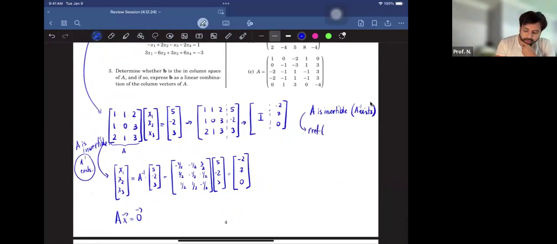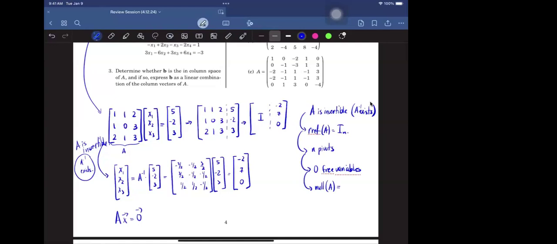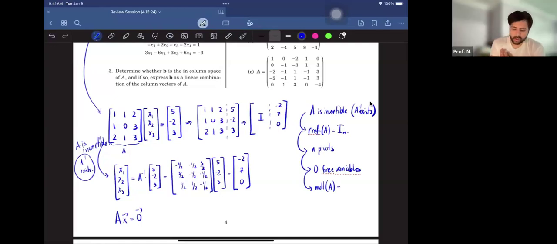The row reduced echelon form of A is the identity. If that's true, then there are n pivots. If that's true, then there are 0 free variables. If there are 0 free variables, what does that mean about the null space? The null space is 0, meaning it only contains 0, because it's only the trivial solution.